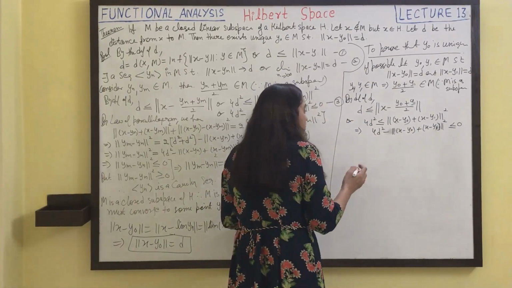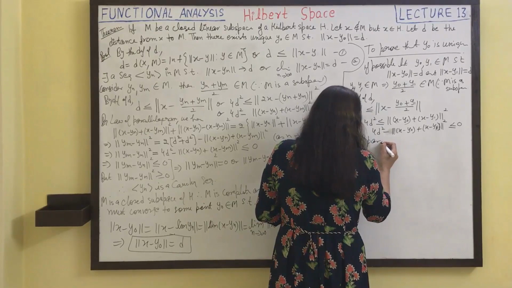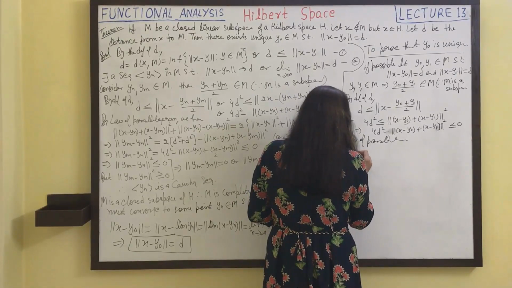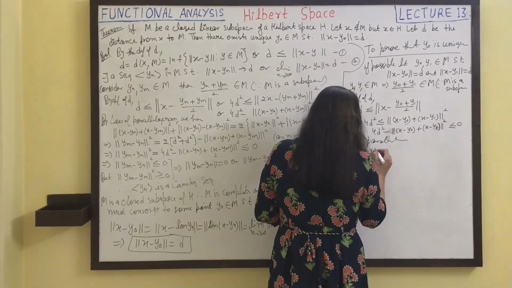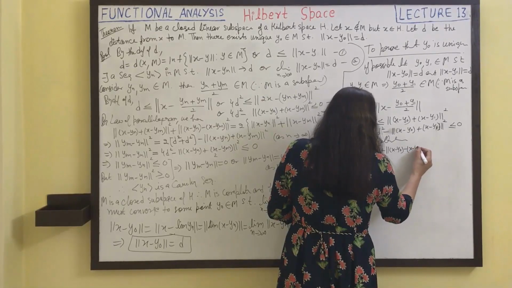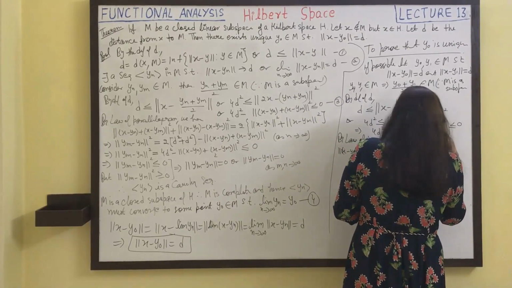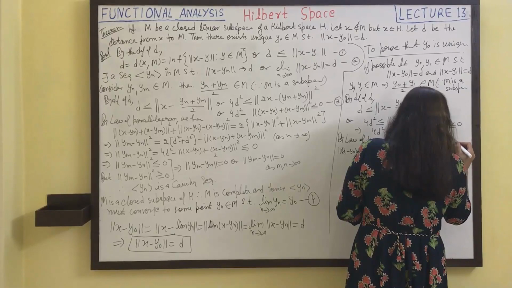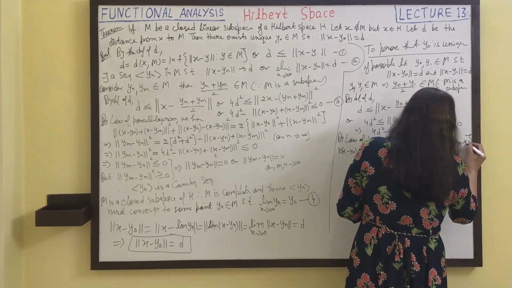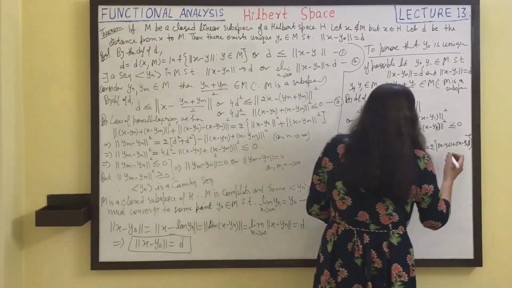Now, using law of parallelogram, we have norm of (x minus y0) plus (x minus y1) squared plus norm of (x minus y0) minus (x minus y1) squared is equal to twice of norm of x minus y0 plus norm of x minus y1, okay, so both are squared.